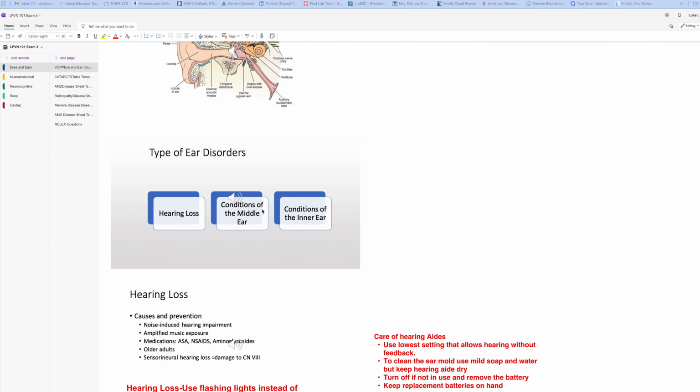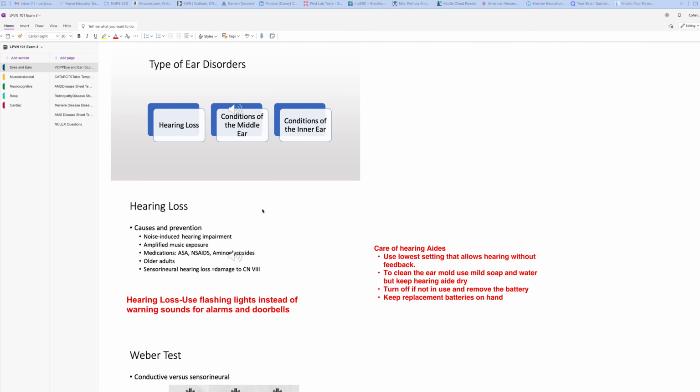The ear, okay, so types of ear disorders. We have hearing loss and conditions of the middle ear and inner ear. So with hearing loss, the causes could be like too much noise. Like, for example, people that work on construction sites and don't wear protective ear plugs, or people that run a lot that have been running for a long time and have blast music in their ears.